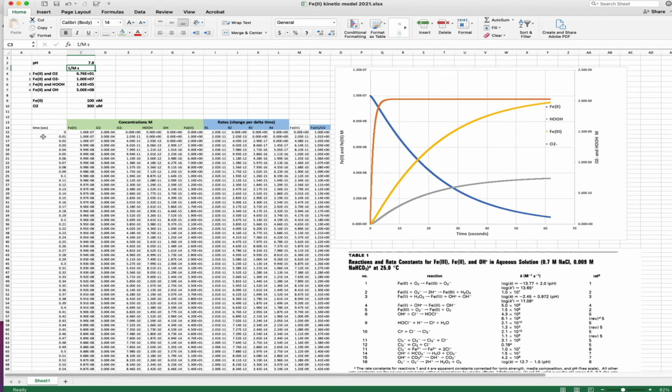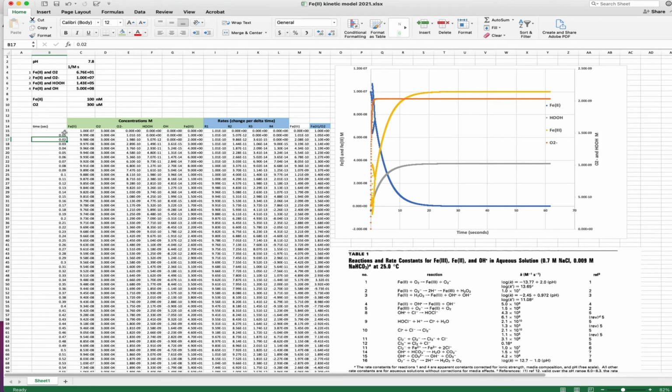Okay, the last thing I want to show you is why this time step is important. So I'll try to increase the time step to 0.05. And when I do that, you can see my spreadsheet here gets pretty ugly pretty fast.